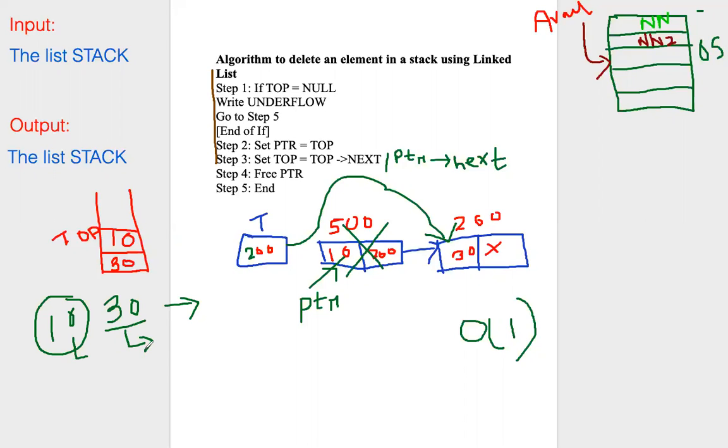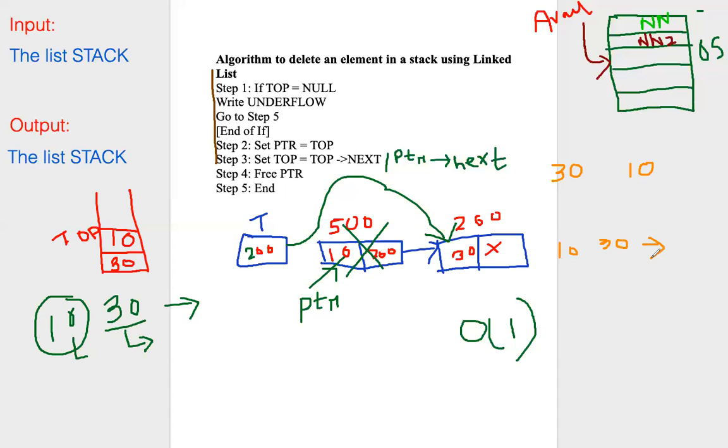You can try it out as an assignment: if we want to see the order in which the insertion happened, that is, first 30 has been inserted, then 10 has been inserted, how can we do that with the help of a linked list? Usually the display starts from the initial starting pointer, which is top in this case, so it will show you 10, 30 and so on.